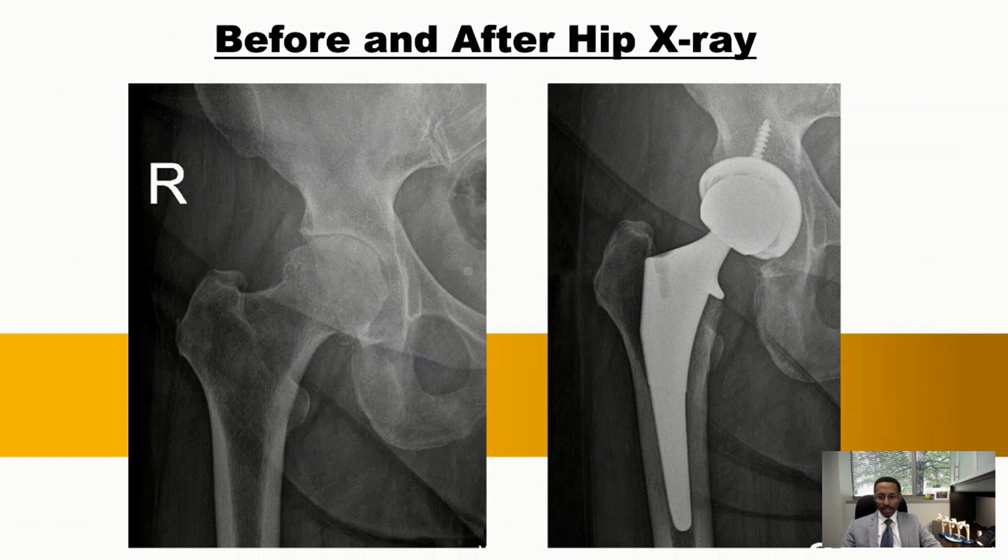And this is a routine example of what that looks like. You can see on the right-hand side, this patient has multiple bone spurs, which are these areas. Okay, there are bone spurs, there's loss of joint space. The patient has had hip pain for many, many years. This patient has tried injections, medications, therapy, and all of this has really not helped with the pain and inflammation around the hip joint.